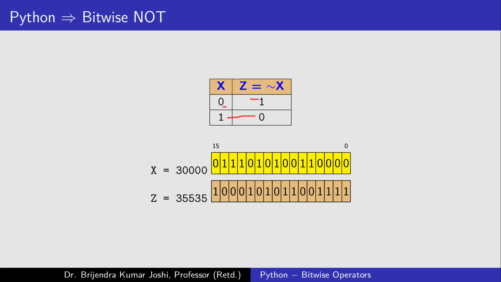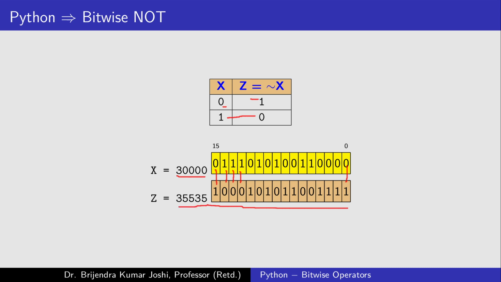Here, for the sake of explanation, I have written the result by assuming that there is no 2's complement, nothing else. So this 0 becomes 1, this 0 becomes 1, and these 1's become 0.